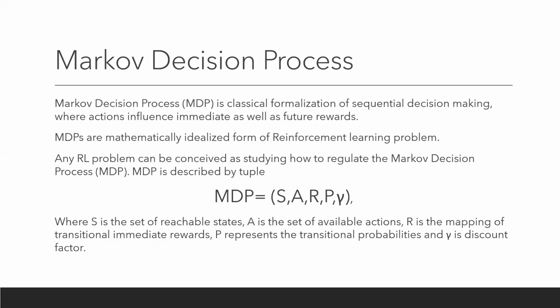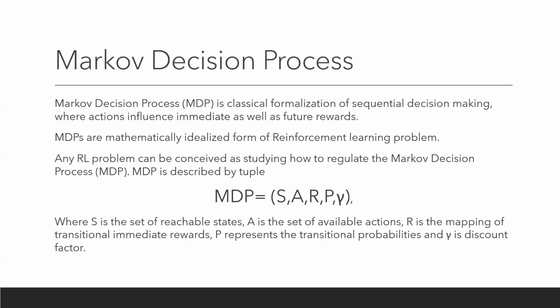In mathematical terms, the Markov decision process, MDP, is described by a tuple which has 5 parts: S, the state; A, the action; R, the immediate reward; and P, which represents the transition probability.